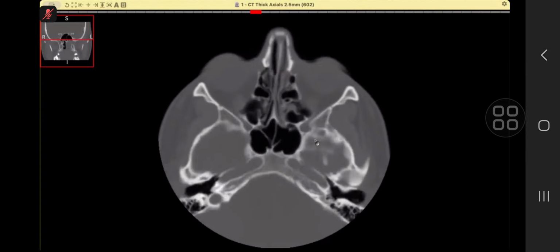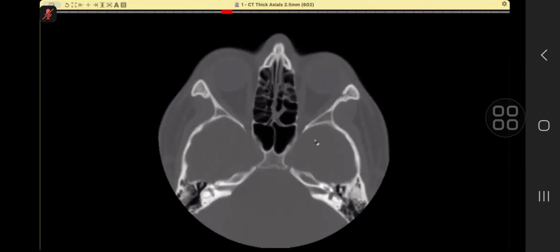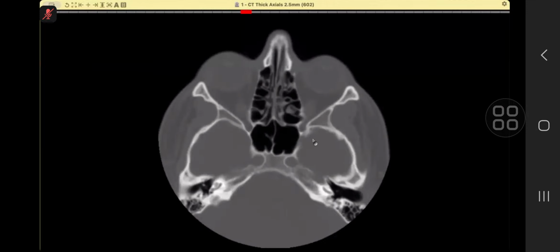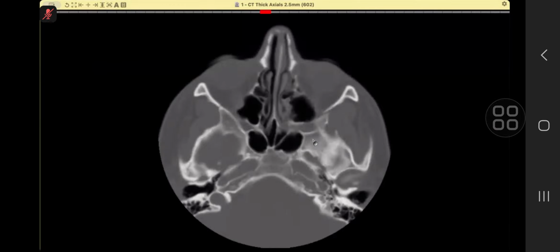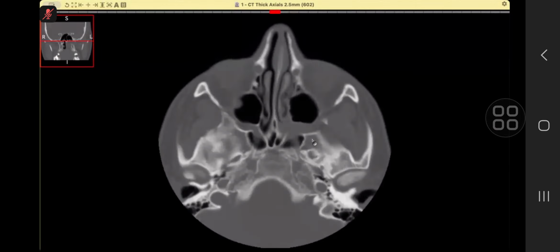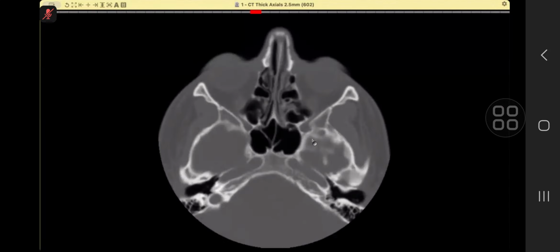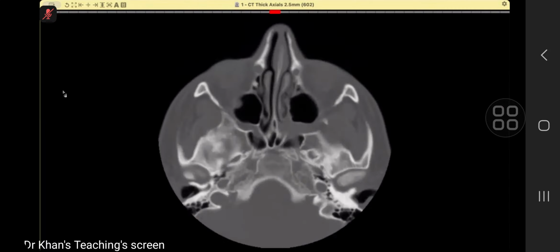At places when the angulation is not clear, in some cases you will struggle to see the foramen rotundum very well because of the angulation of the scan. So you should ask for a coronal.